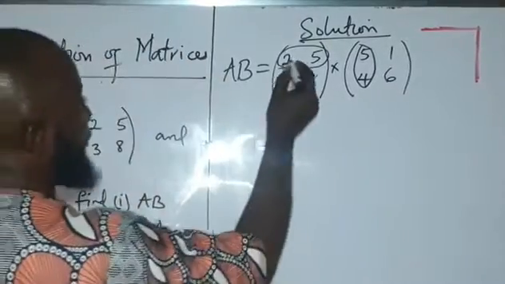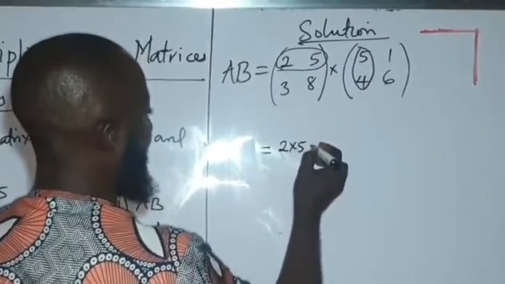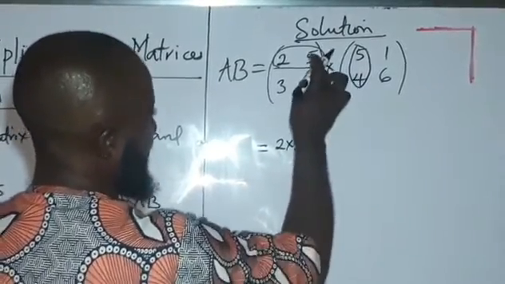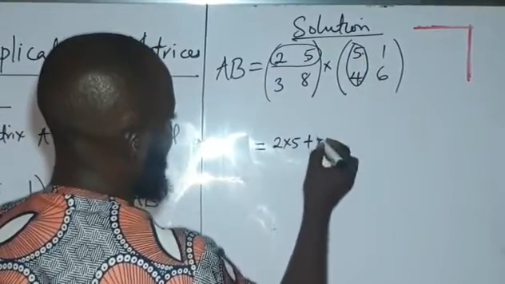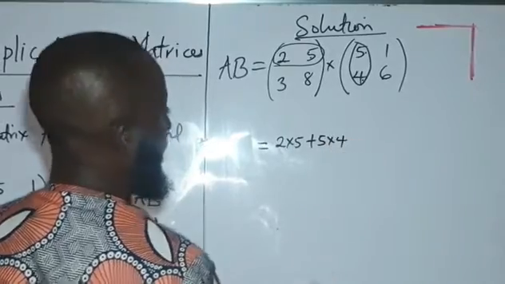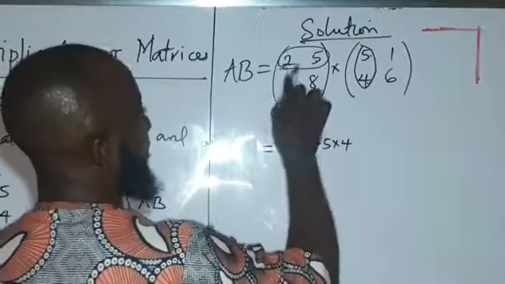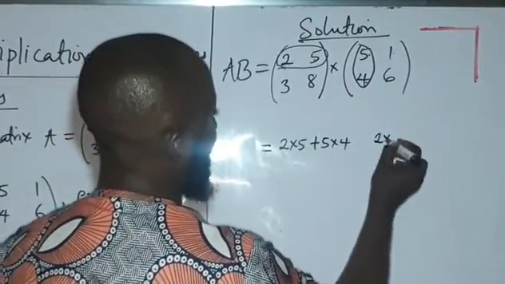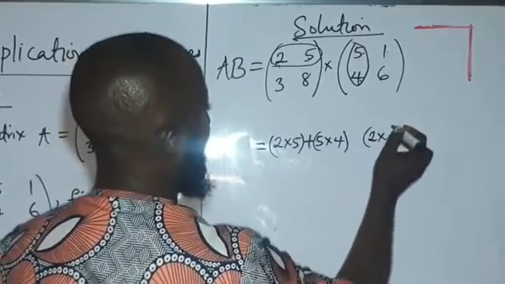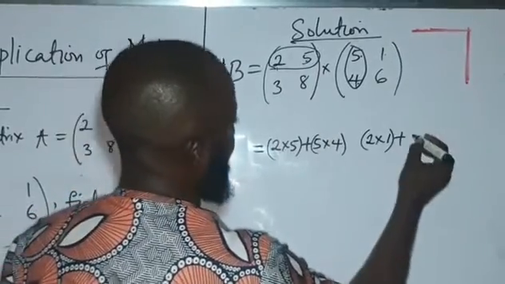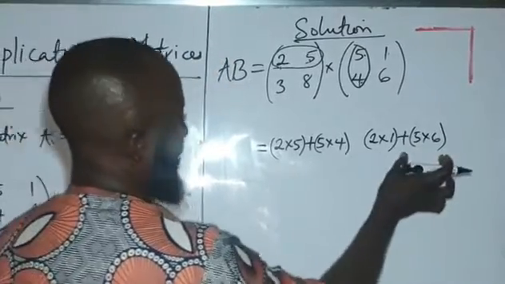So that means we're going to have 2 multiplied by 5, plus 5 times 4. Then we pick this again to multiply this column: 2 times 1, plus 5 multiplied by 6. So this is the first element, then the second element.